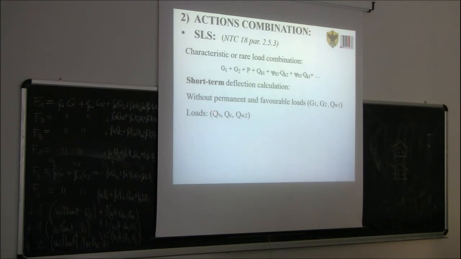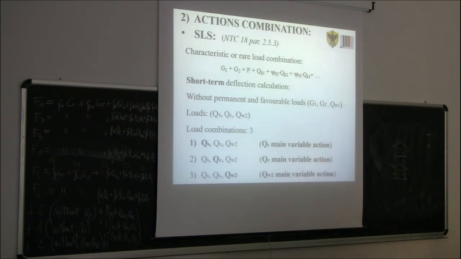So we need to consider only QS, snow, maintenance, and wind downward pressure. So in this case we have only 3 load combinations. We have the one with QS as a basic action, the one with QC as a basic action, and the one with QW2 as a basic action. Okay?